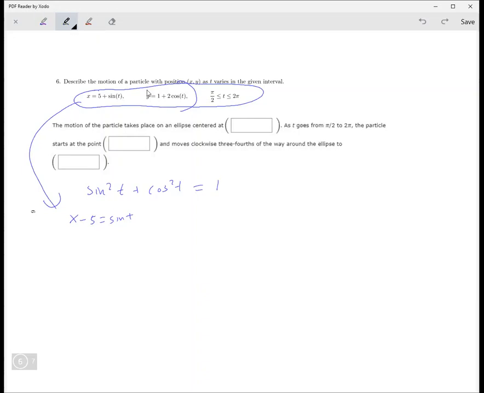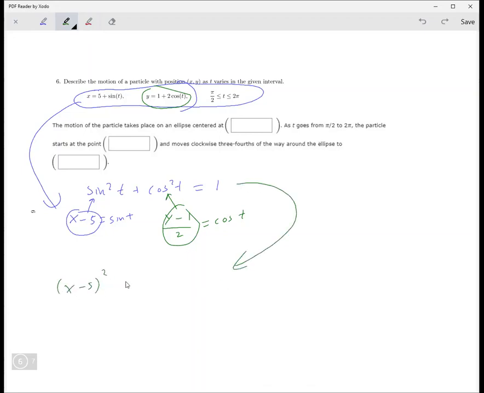And if you look at the second equation, you can solve for cosine t, right? So cosine t is y minus 1. Sine t is x minus 5. So you plug this in here, and you plug this in here.